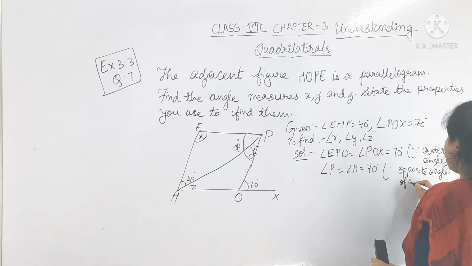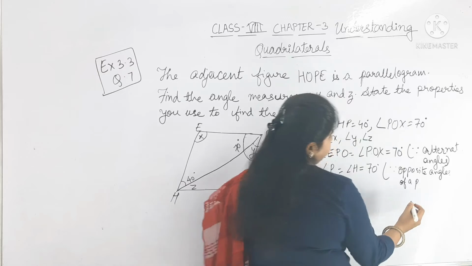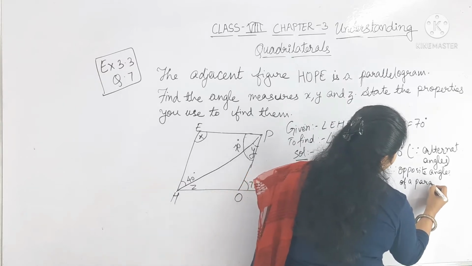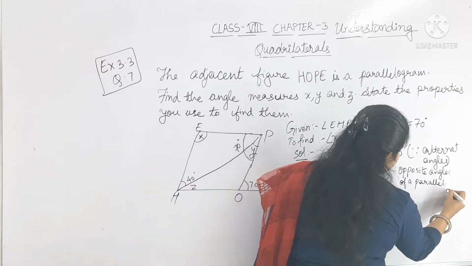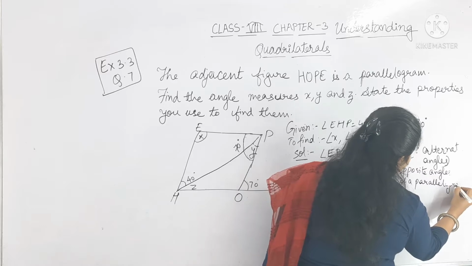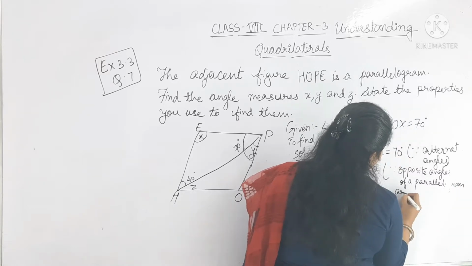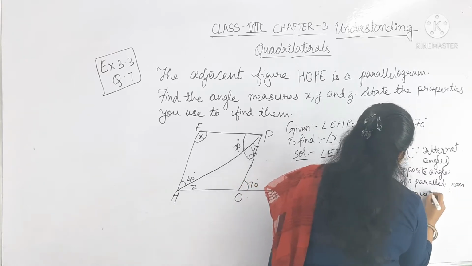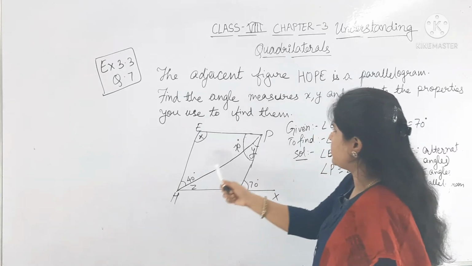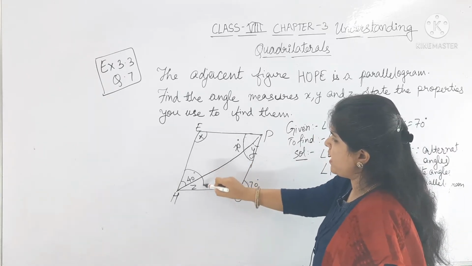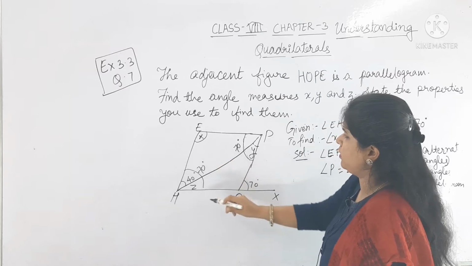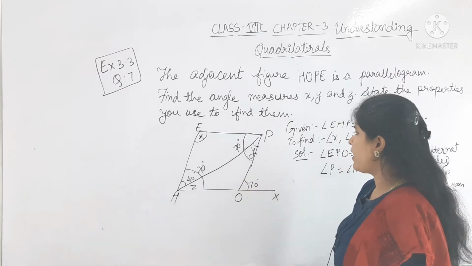You have to write the property here: opposite sides of a parallelogram are equal, right? So this angle H will be 70 degree. Okay, these are opposite angles.